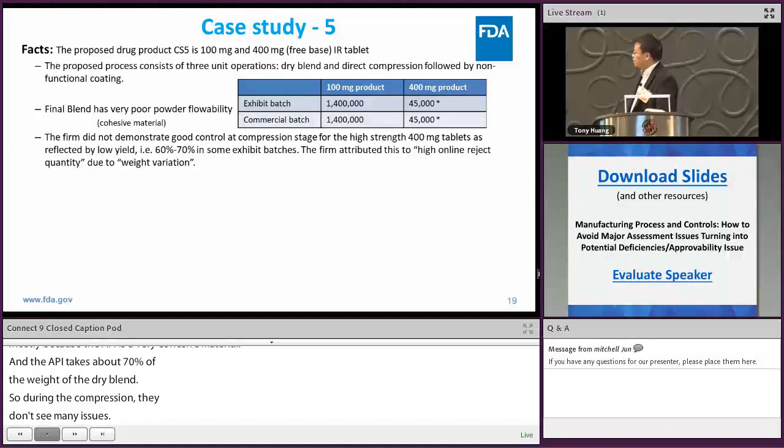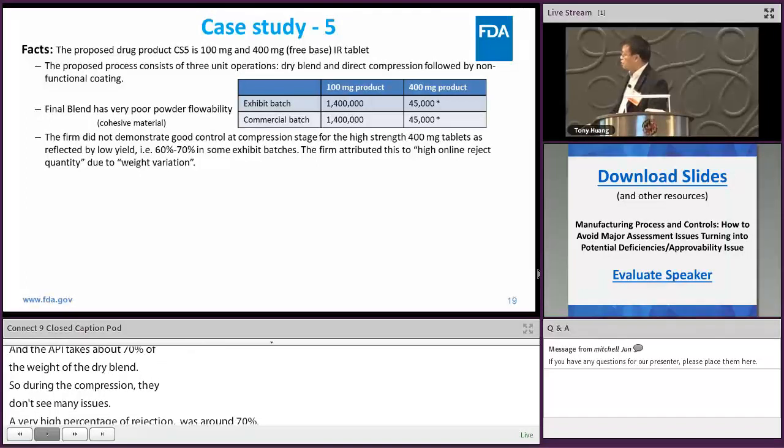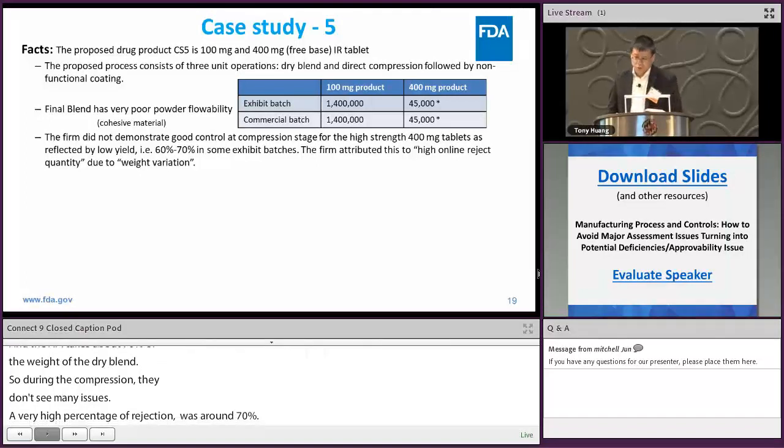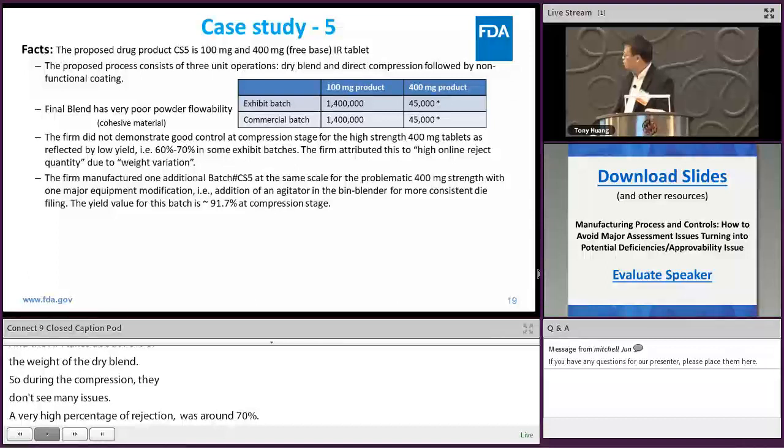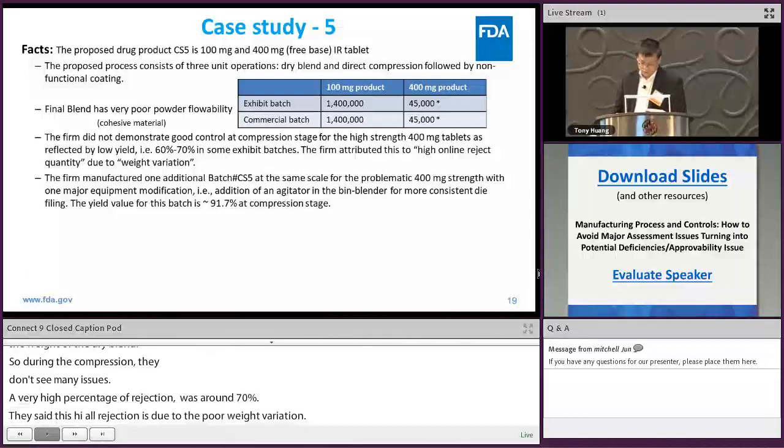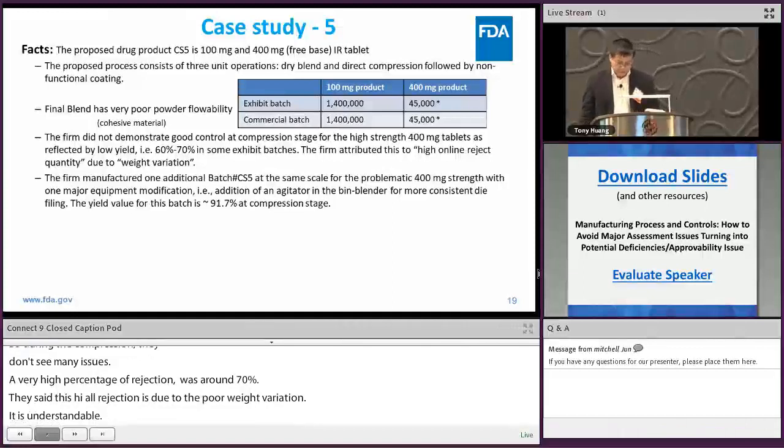So the firm says this high online rejection is due to poor weight variation. It is understandable, and so what the company did was, I think they have a very good engineer. They said, we will do some equipment modification.